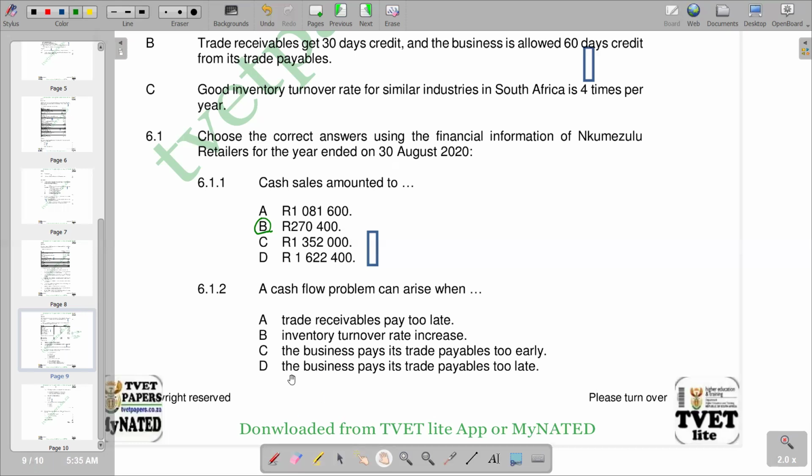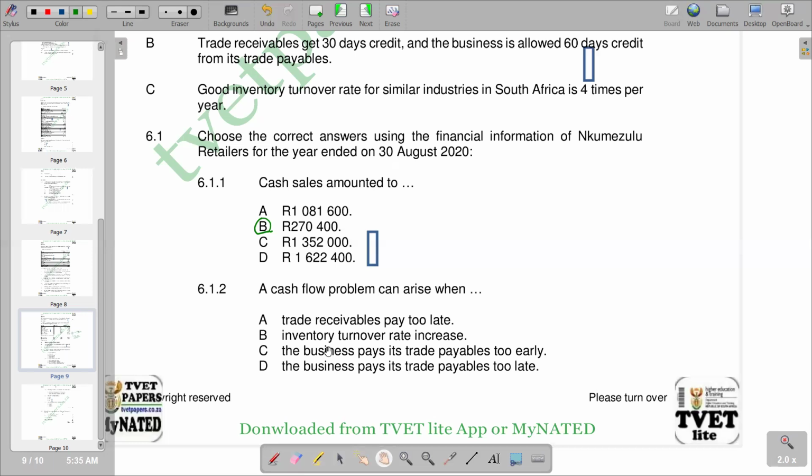Then we go to D: the business pays its trade payables too late. When the business pays its trade payables too late, it might lead to cash problems because it might attract some interest that we need to pay, and we're going to pay more.